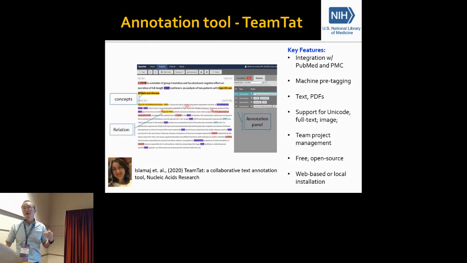If your document is not a PubMed article, it does support free text, plain text, or PDFs. It can be used on a web-based system in your browser, but if you have sensitive, private documents that you would like to annotate, you can download the software and install it locally. So this saved us a lot of time.